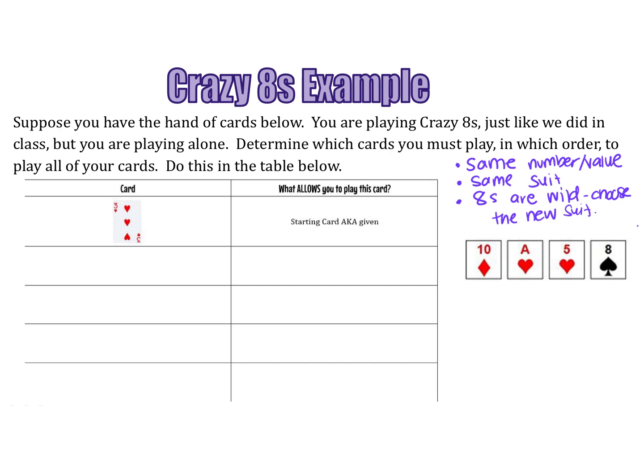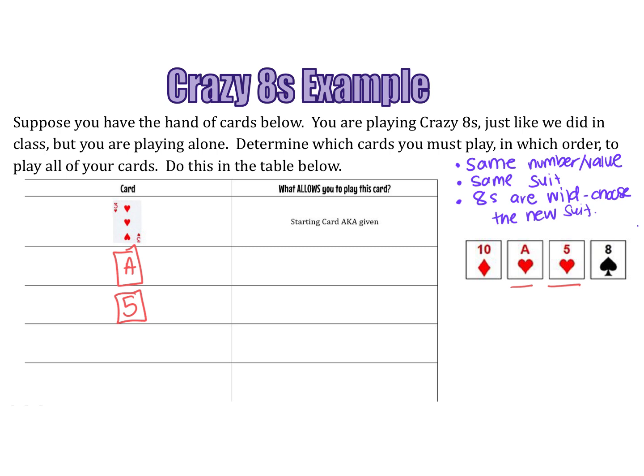Okay, so hopefully you had time to look at that on your own. The first thing I notice is that if there's hearts face up, I probably want to play a heart next. So I'm going to choose to play the ace of hearts. I don't think it actually matters whether I play the ace or the 5. So I'm going to draw a little card here and put an A for ace of hearts. Then I'm going to play the 5.